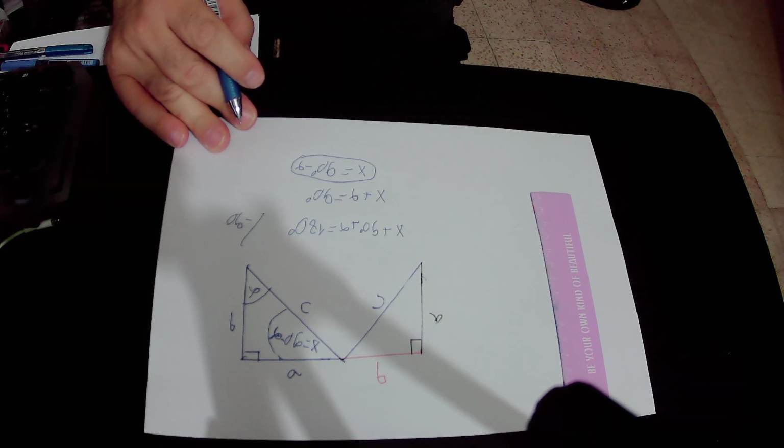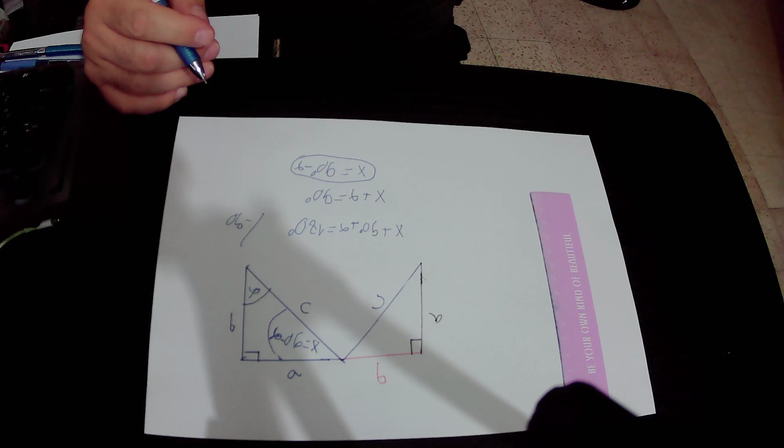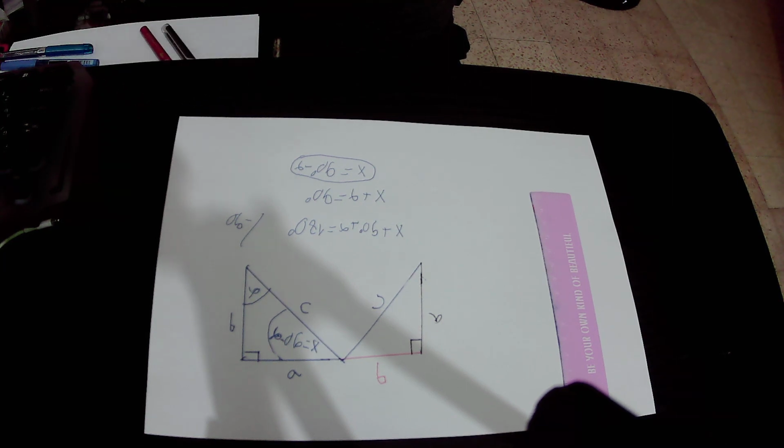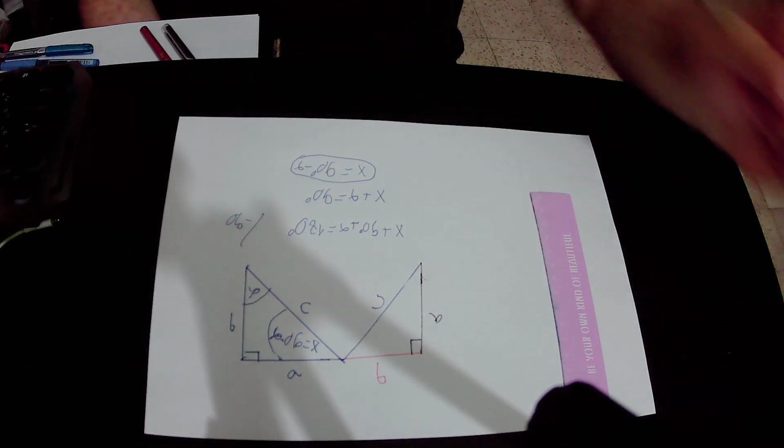And the angle in front of side A is alpha.